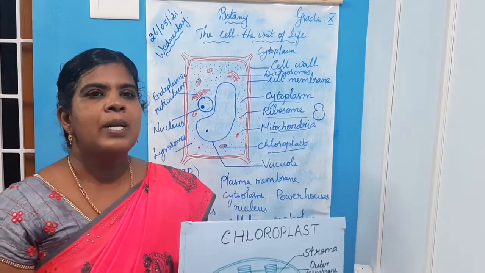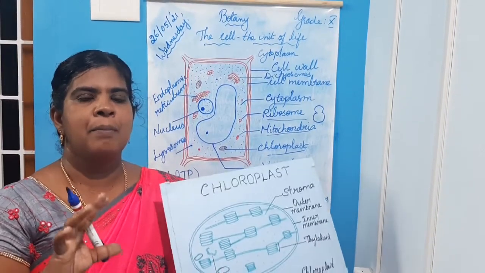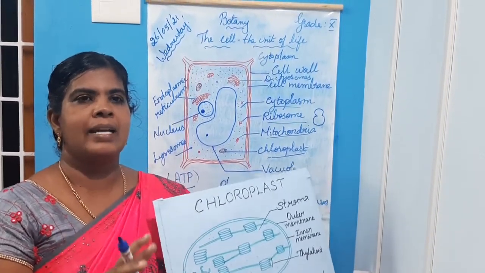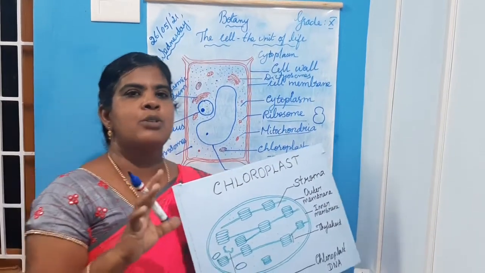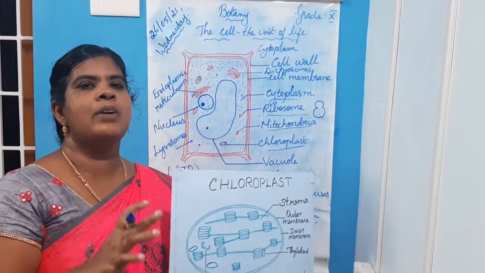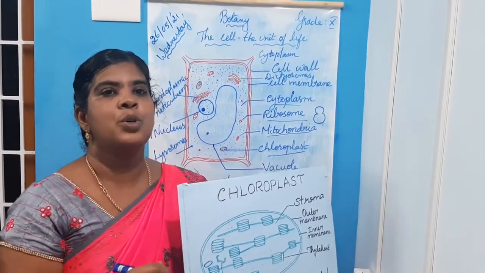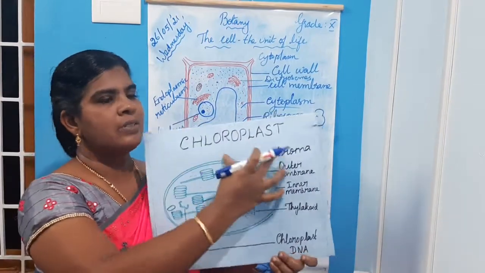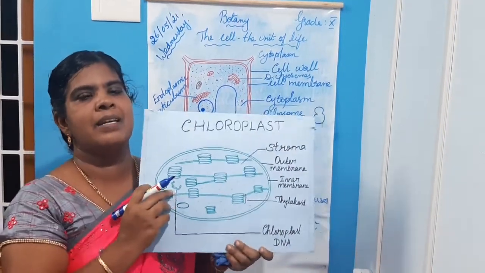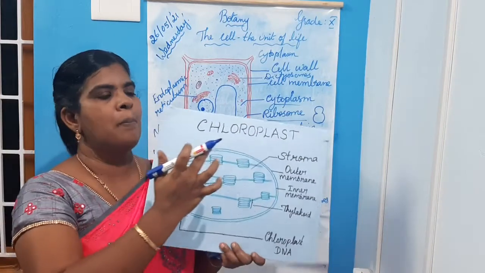So prokaryotic cells lack membrane-bound organelles, and the nucleus is also not bounded by a membrane. So we call the prokaryotic cell nucleus a nucleoid. Understand? This is one of the organelles present in plant cells, the plastid, chloroplast.